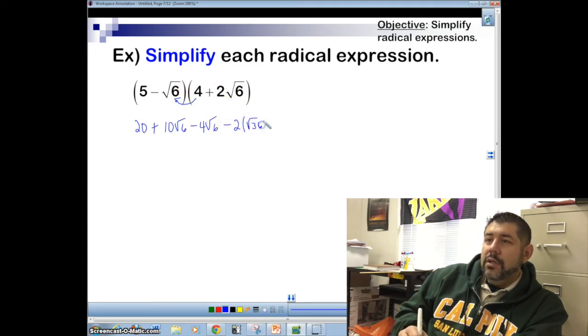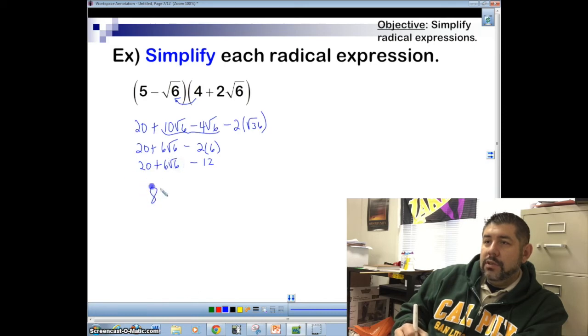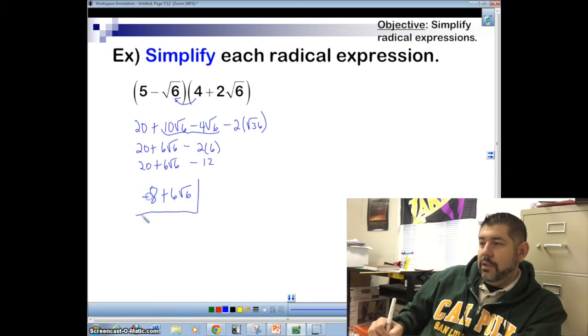So we're going to get 20 plus, we're going to add these two together, and we're going to get 6 root 6. And we're going to get 2 times 6. Okay, 2 times 6 is 12. 20 minus 12 is 8 plus 6 root 6. Negative 8. No, positive 8. Positive 8. 20 is bigger.